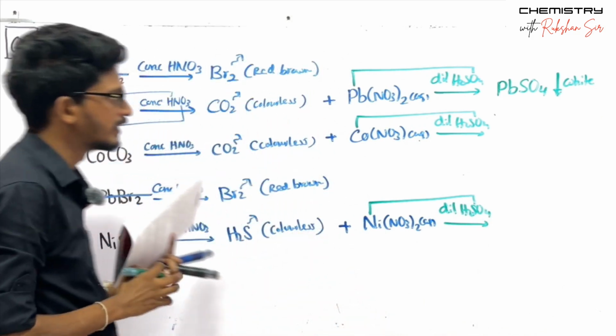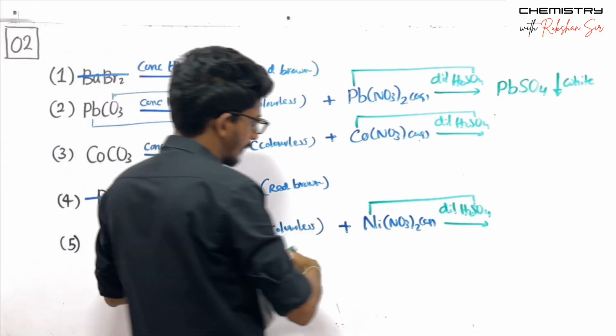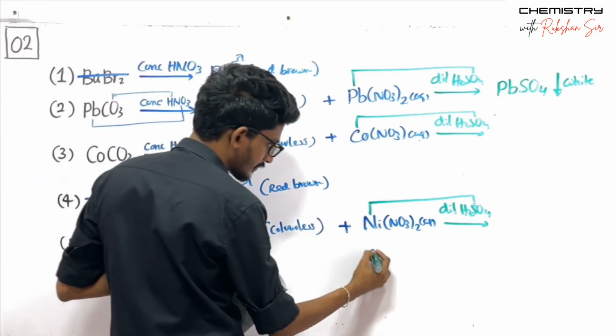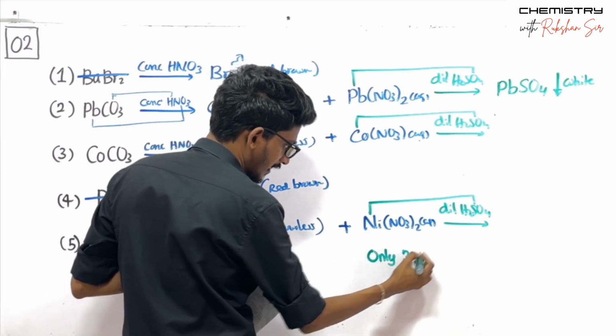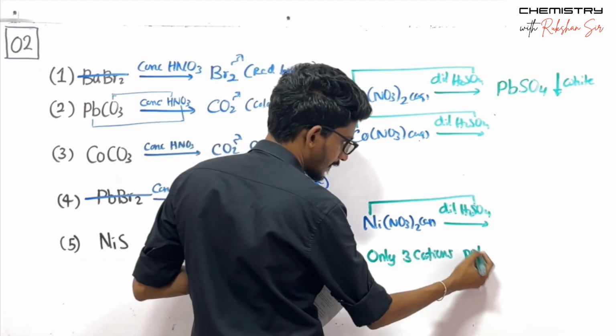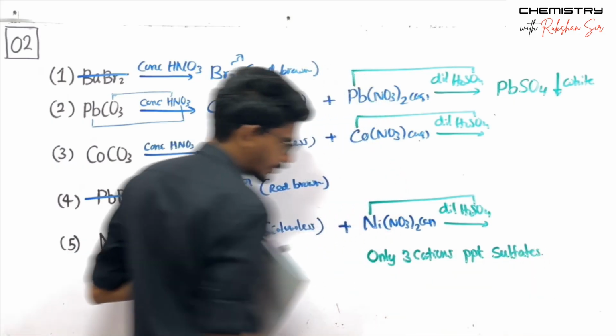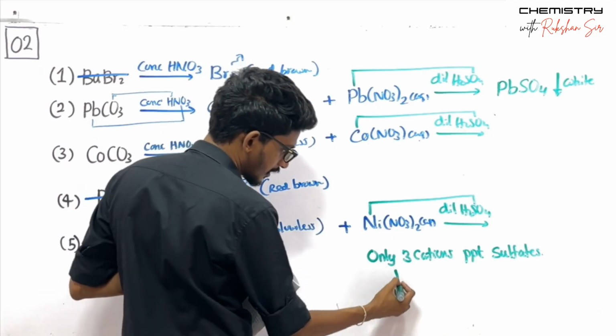So basically only 3 cations are capable of precipitating sulfates. What are those?